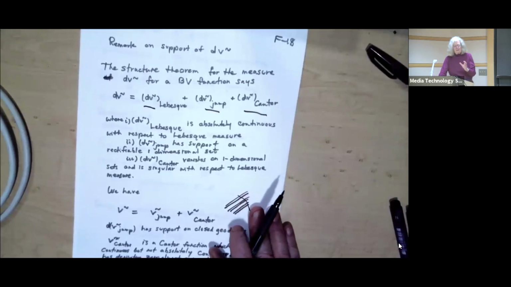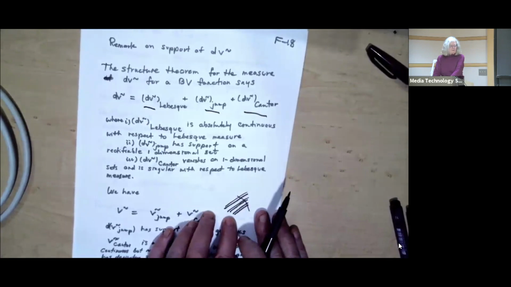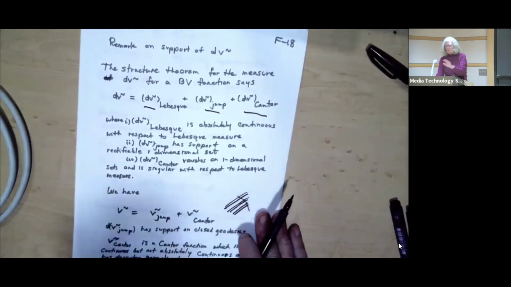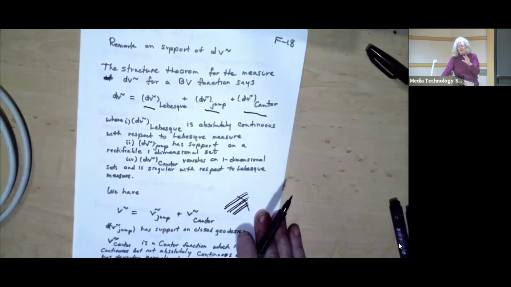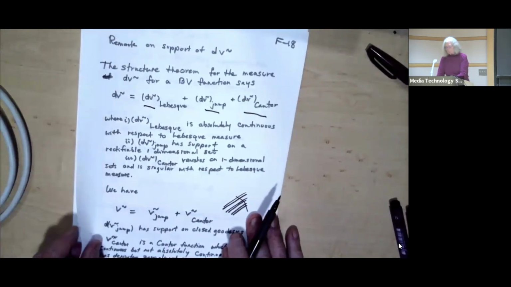But in fact, morally speaking, these Cantor sets must appear in the theory, just because we have a whole Teichmuller space of Riemann surfaces, and as we vary the Teichmuller space of those things, we must go through a variety of different laminations.